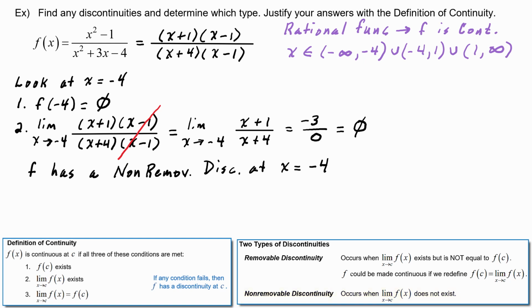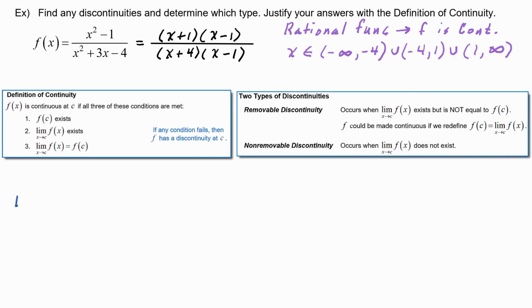Now remember, there were two x values that were excluded from the domain, so we also have to look at what happens at x equals 1. Now we will need to walk through the same steps there.